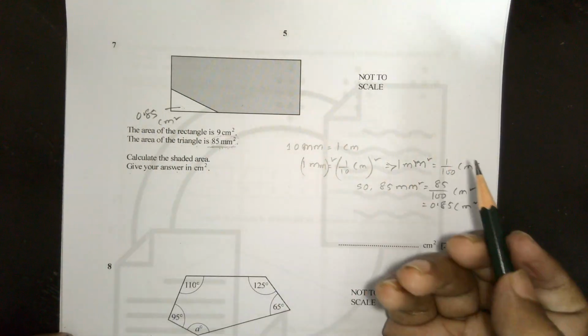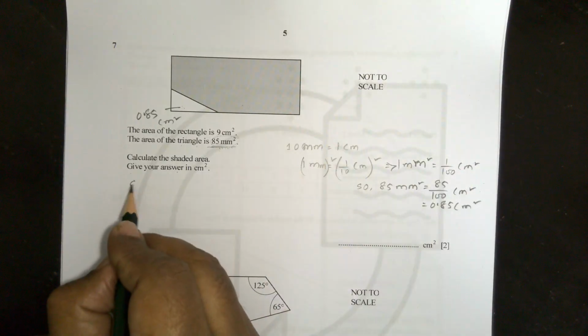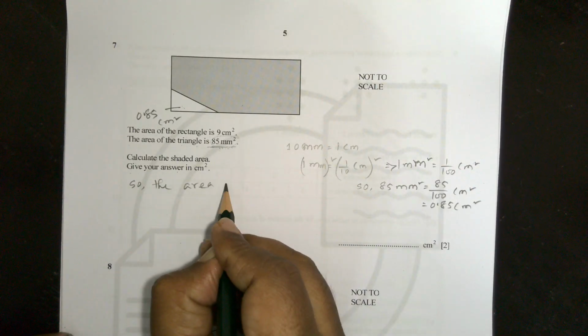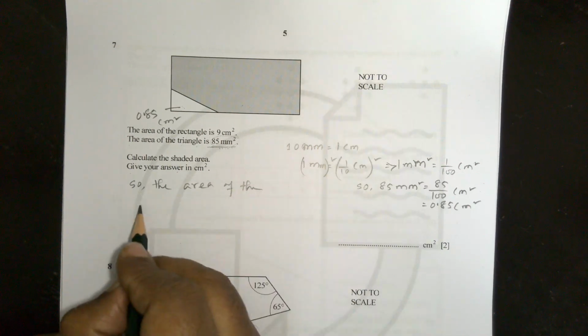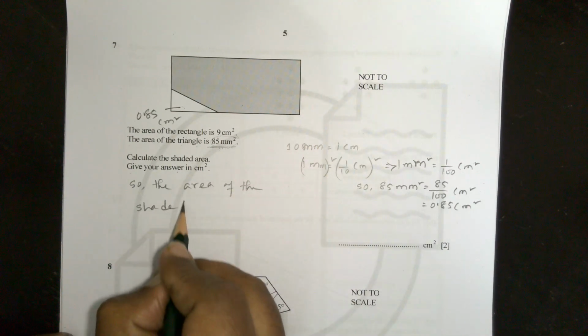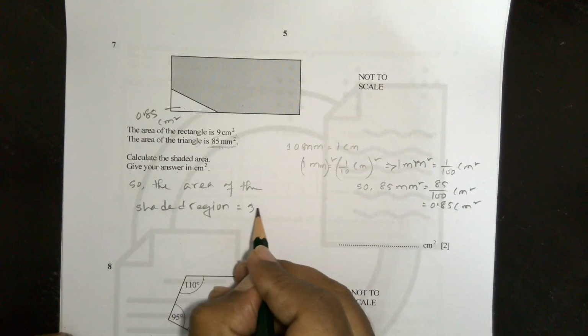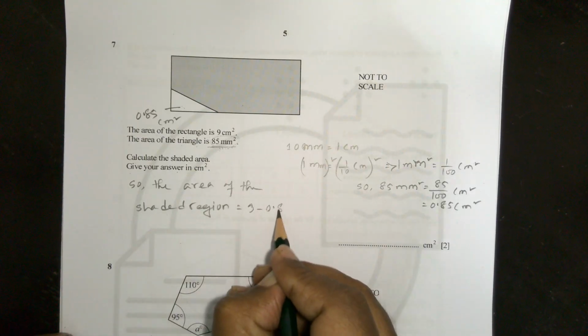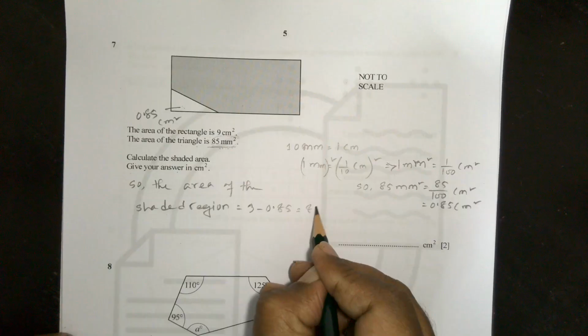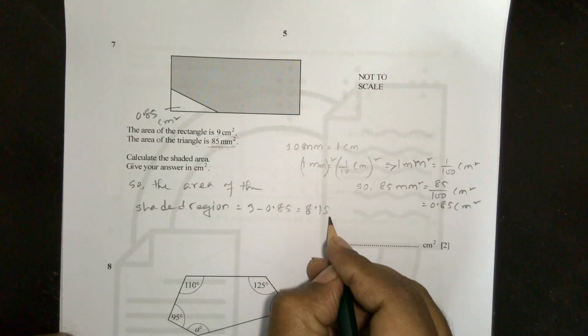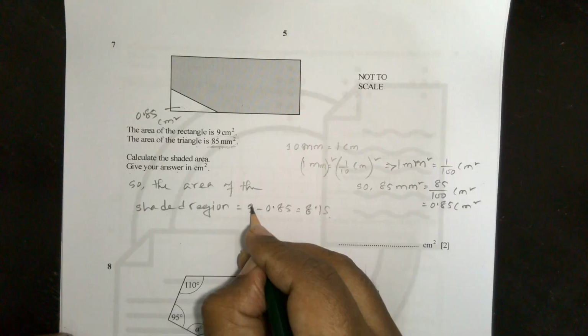Now we can simply subtract. So the area of the shaded region is actually 9 minus 0.85, which is 8.15. Do you know how I did it, or do I need to show?